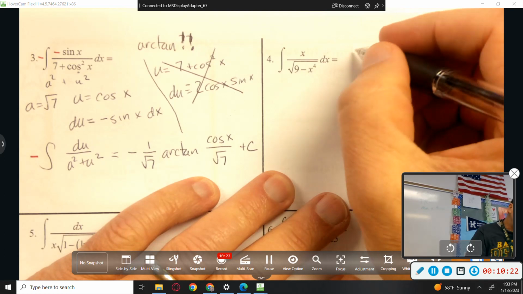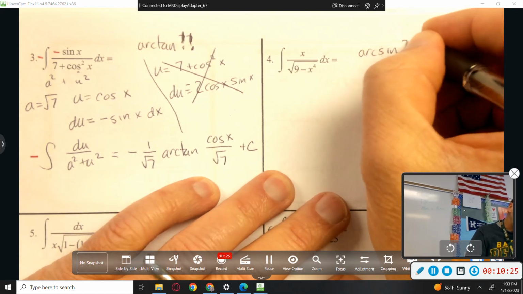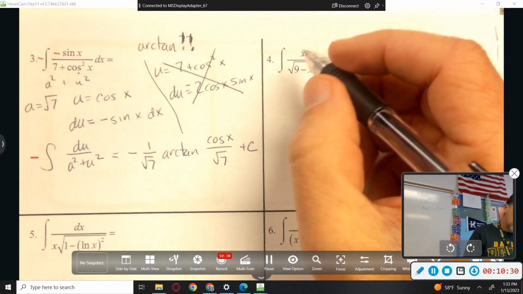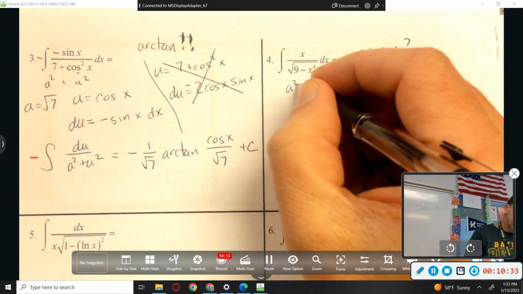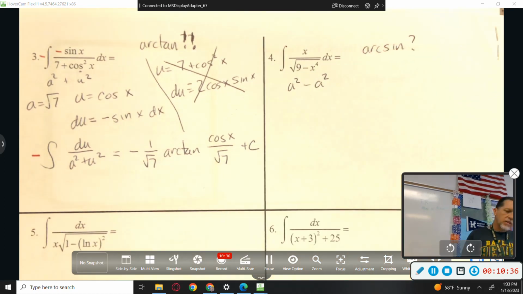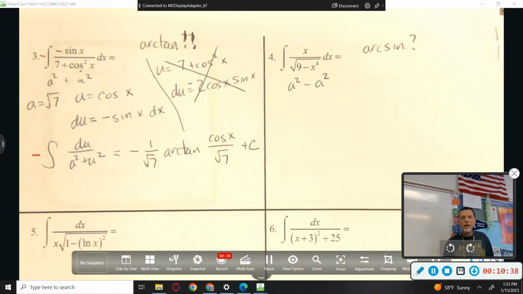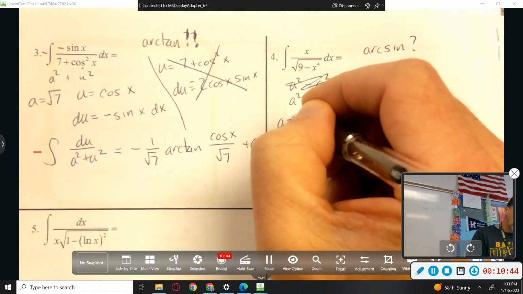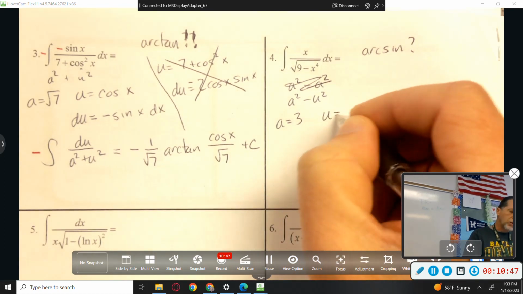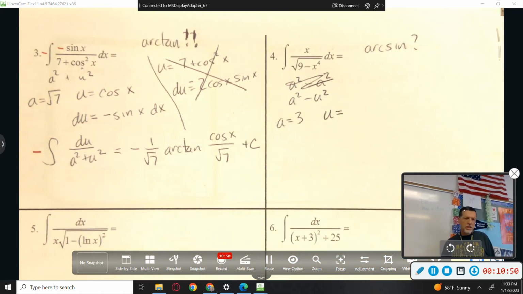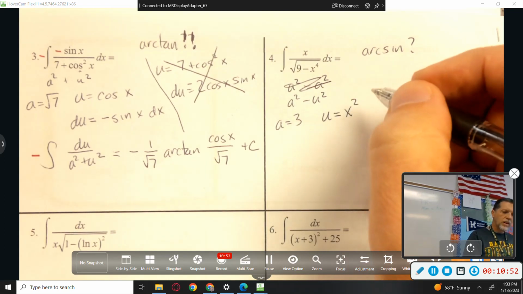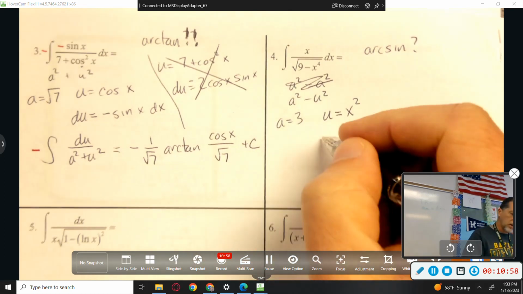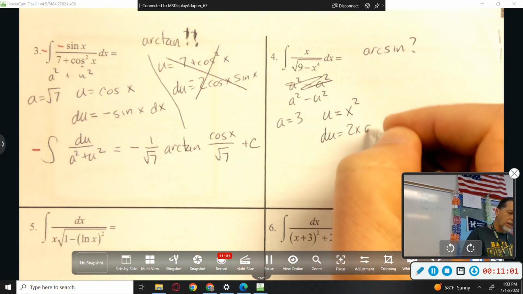So number 4, I think it's arcsine because it kind of looks like arcsine. Well, you said none of the examples had arcsecant. So arcsine looks like u squared minus a squared. Whoops, other way around: a squared minus u squared. So a is 3, that's easy. What would u need to be to make this work? X squared. That's good news. Oh yeah, we just have to plop a half over. du is 2x dx.